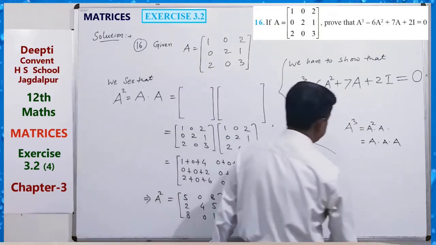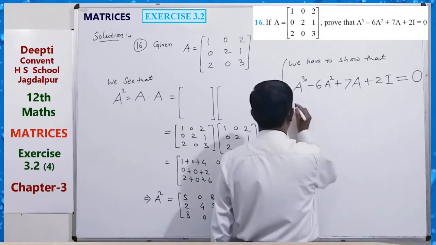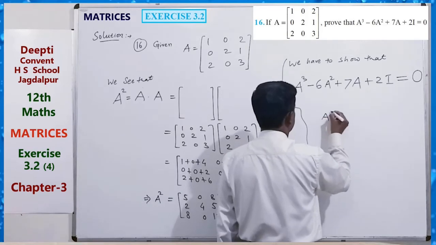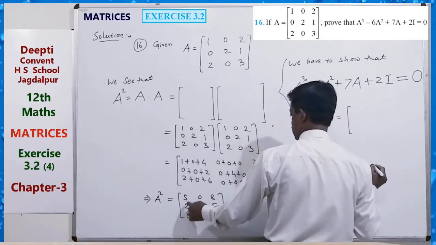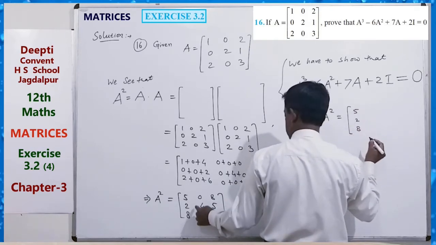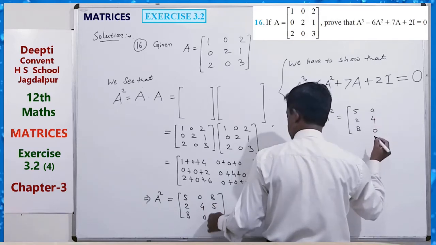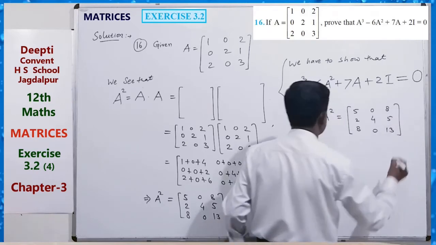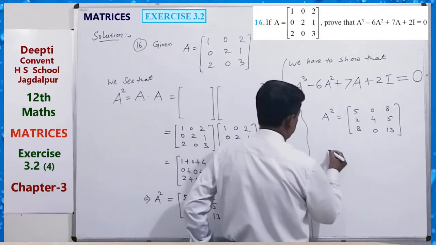So we can write A square equals 5 0 8, 2 4 5, 8 0 13. This is A square. Okay, and A cube.